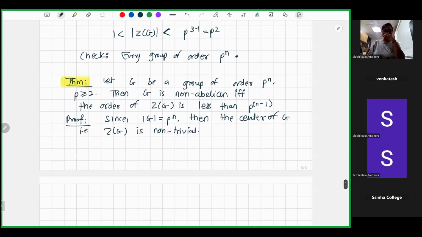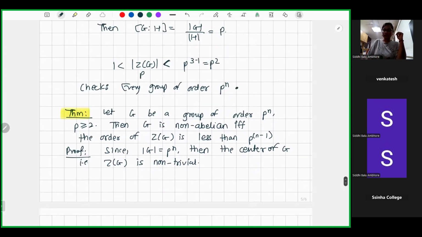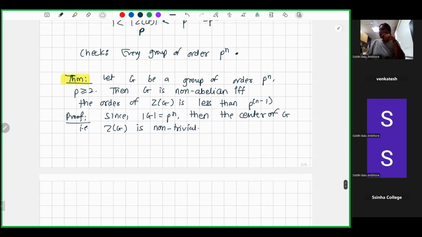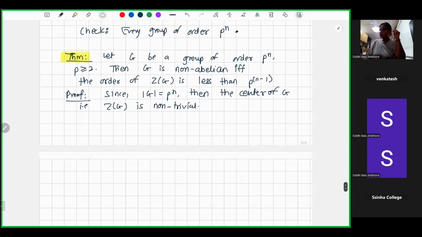So that's why the only possibility here was p. Therefore, the order of Z(G) will be some p power k for some k greater than 1 and less than n.